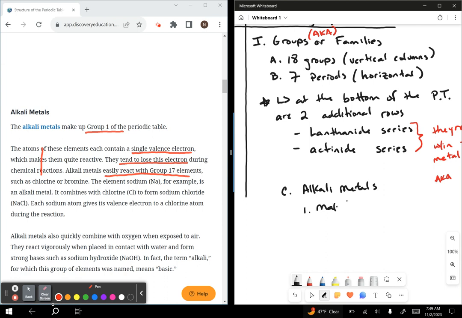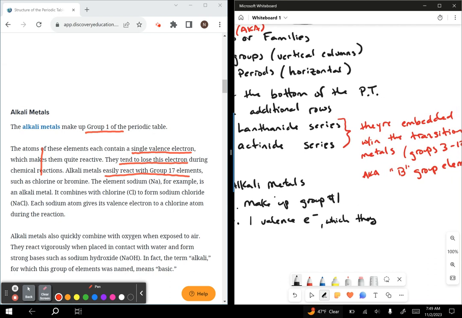Makeup: group number 1, they have 1 valence electron, which they tend to lose.